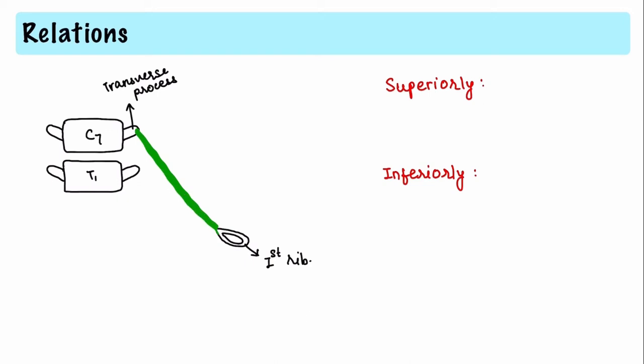The superior surface of this fascia is related to the subclavian vessels, that is the subclavian artery and the subclavian vein. So, in this figure, this is the subclavian artery, and this is a subclavian vein.